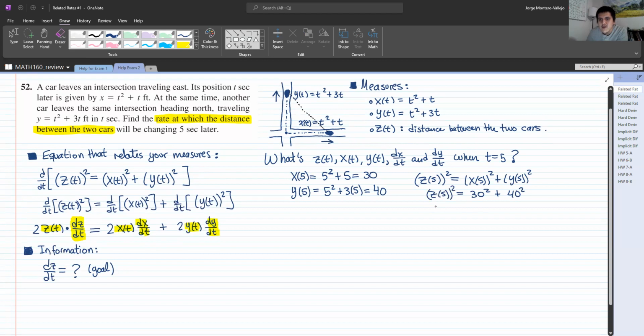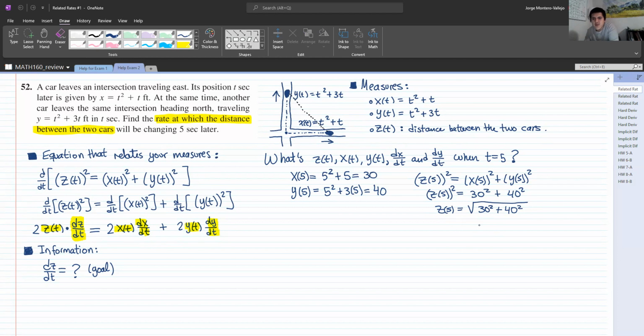If we want to find out what z of 5 is, then we need to take the square root of 30 squared plus 40 squared. Some of you might already recognize that you should get 50 out of there. 30, 40, and then the third number is 50, the right triangle numbers. But we can check that.